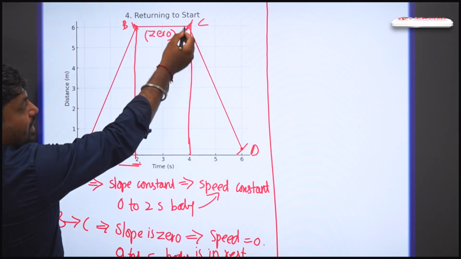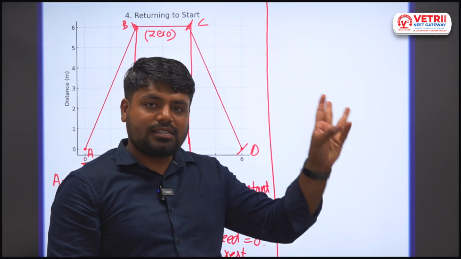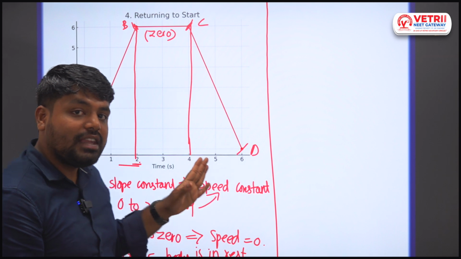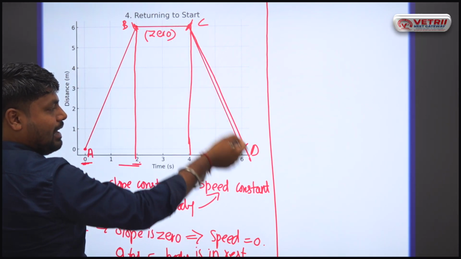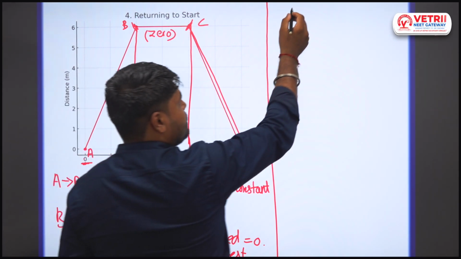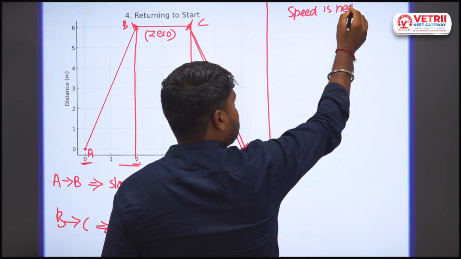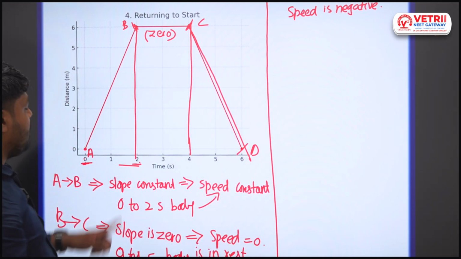On the types of graph and the types of slope I have told you: positive slope, negative slope, zero slope, undefined slope. How should the negative slope look like? It looks opposite to the positive, like this. So this is the negative slope. So which one is negative here? Speed is negative. What does that mean?